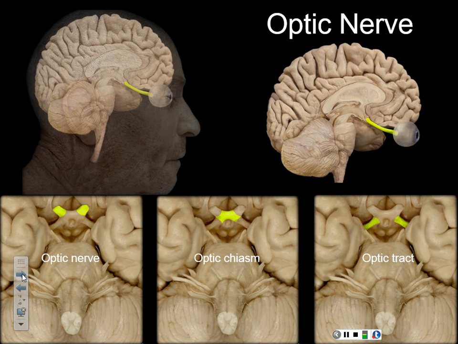Then of course you have the optic nerve, and once they're in the brain, they're called tracts. Optic tracts, which is over there. And there's the brain stem, and the mammillary bodies over here, which is what we're doing right now in the lab.